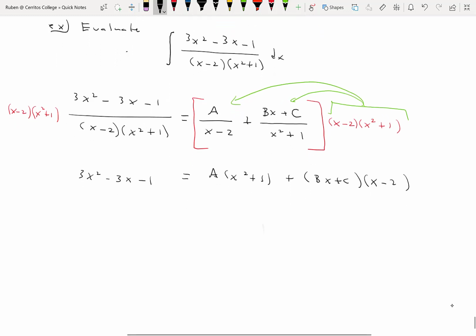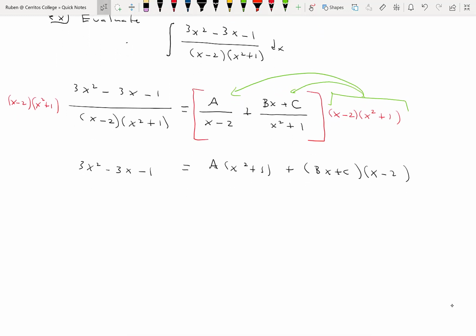Just as before, you could multiply everything out on the right, gather the powers of x together, and set up a system of 3 equations and 3 unknowns. I don't like that method for myself. I'm going to let x go through different values to pick off the constants a, b, and c.